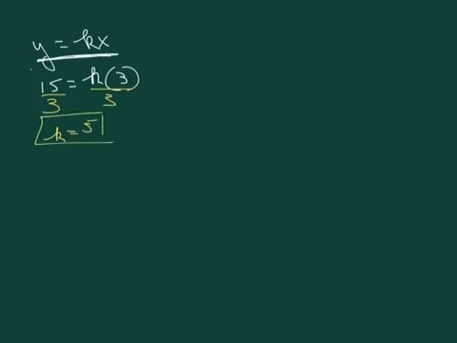Okay, so I found that first. Now I can look at the second part of the problem. Find y when x is 4. Well, I found out k is 5, so I know that's going to go right there. So y is 20. Okay, so I find k, and then I use the next equation.